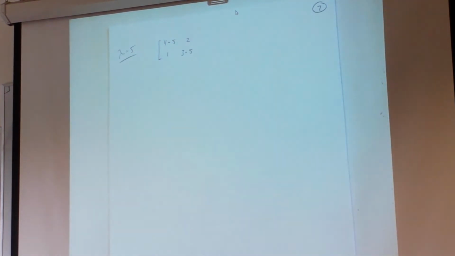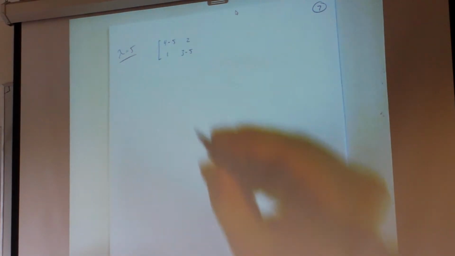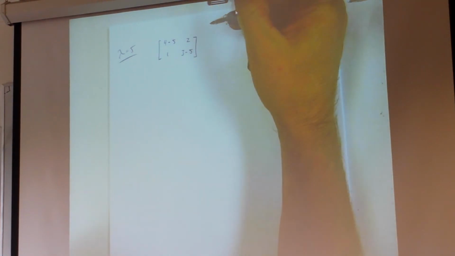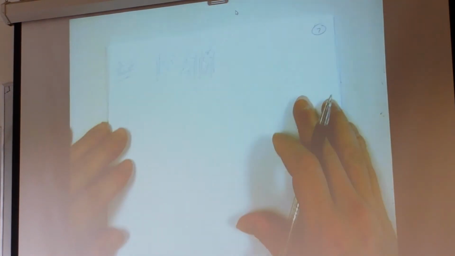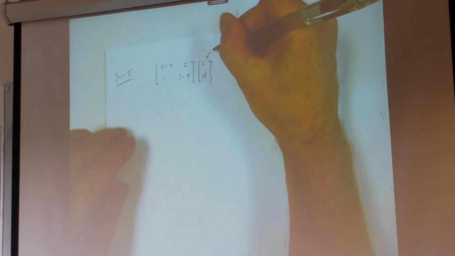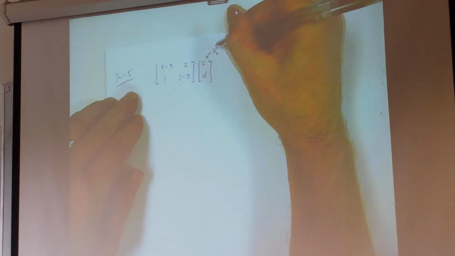It was 4, 2, 1, 3. I'm going to call the entries of this vector C and D, and this is what we're looking for: the other eigenvector, corresponding to 5.